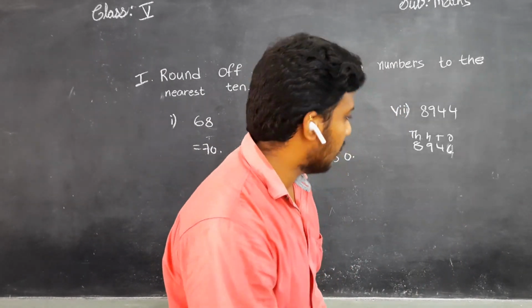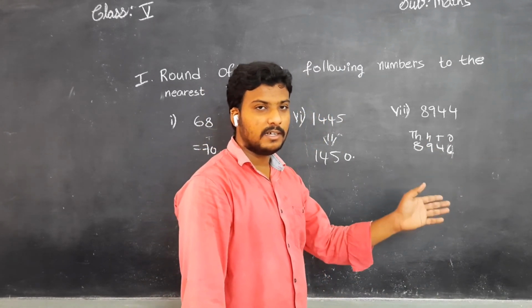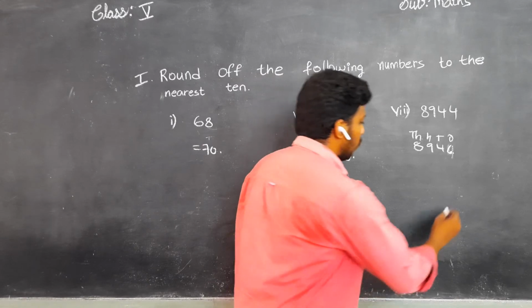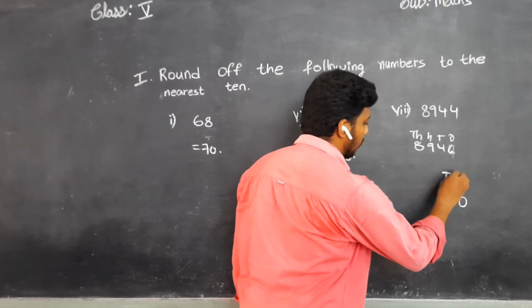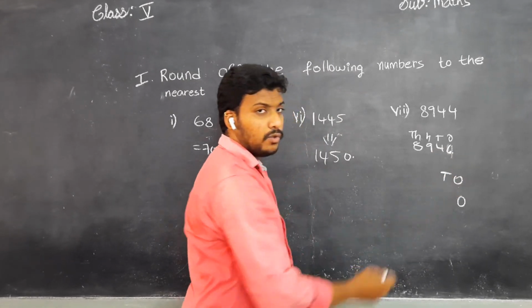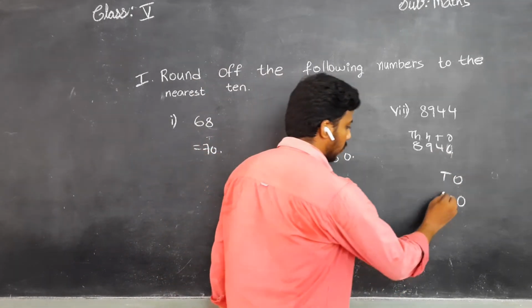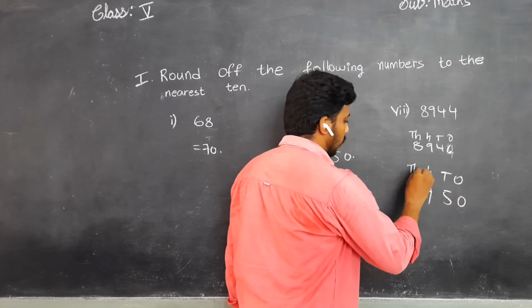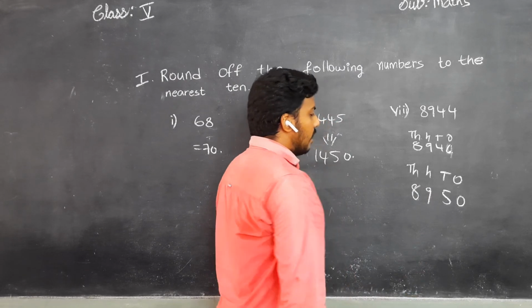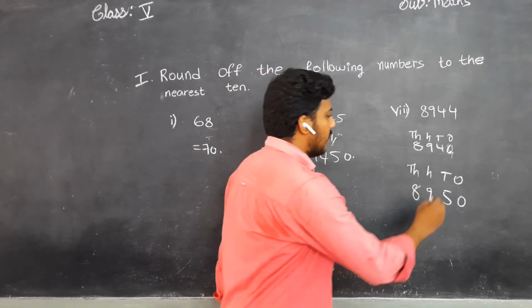Then the 6 is above 5, so in the place of ones you keep 0. In the place of tens the value is 4, so you add 1 to the 4. 1 plus 4 how much? 5. Then in the place of hundreds 9, in the place of thousands 8. So 8950 is the round off value of 8946.